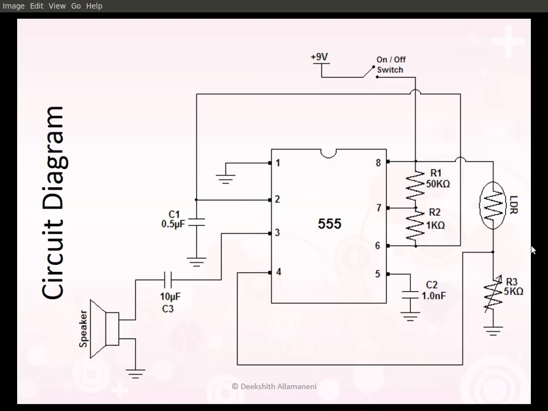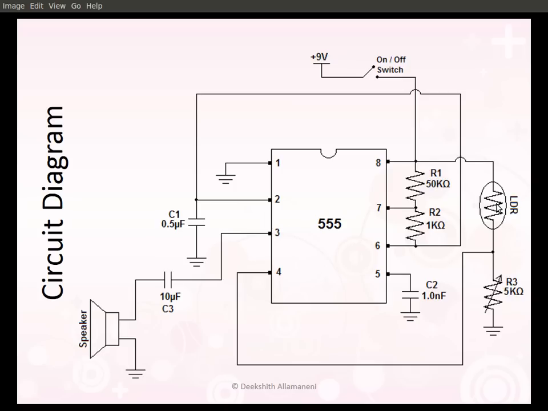Yes, in this circuit, pin 4 is connected to the combination of LDR and a variable resistor. It is connected to high, that is the 9 volts, to LDR, to a 5 kilo ohm variable resistor, to ground. This is a potential divider arrangement.